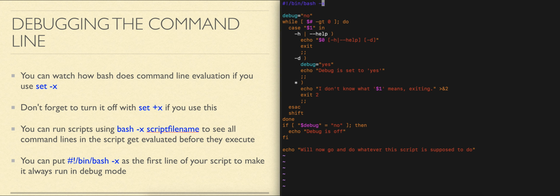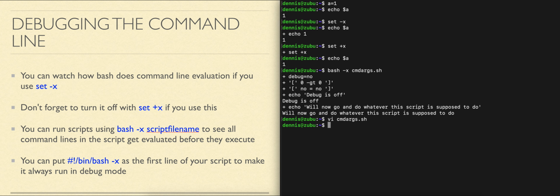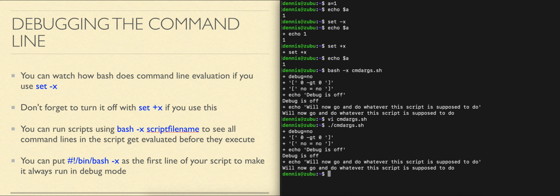And every time the script runs, it will run in debug mode. We can save that and try it to see how that works. Now if I want debugging mode off for the shell, I need to modify the script to remove that.